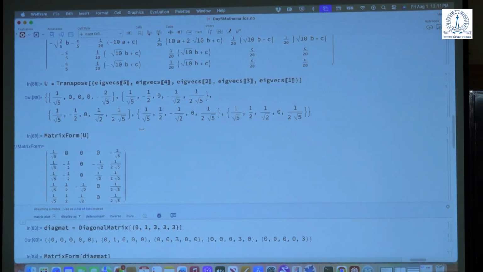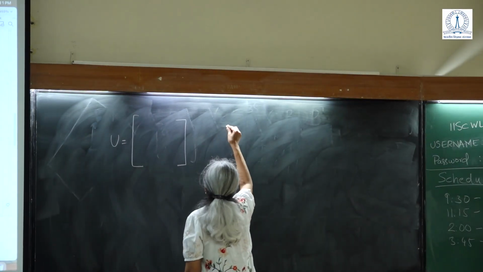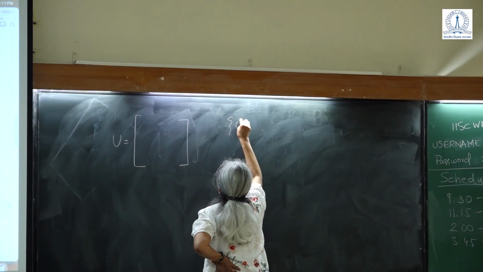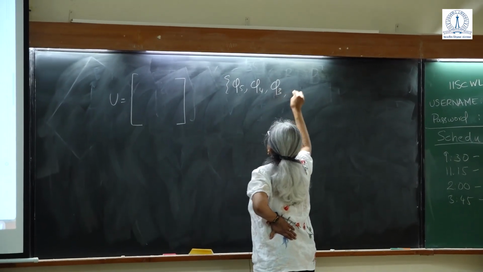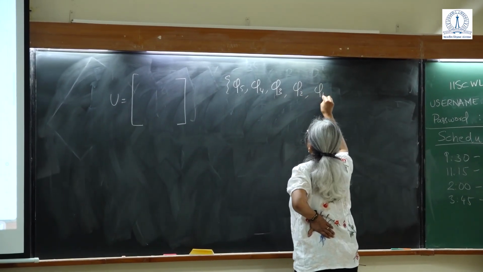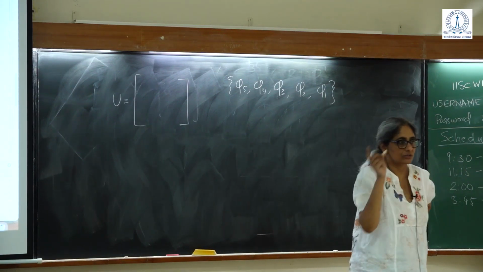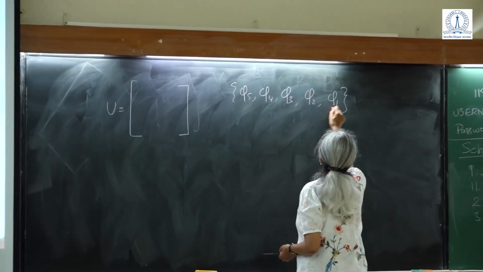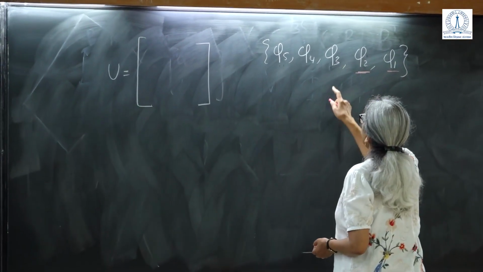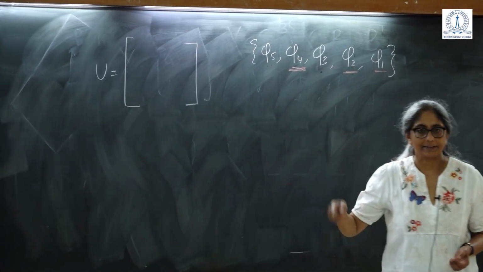In the beginning, we had this U matrix that consisted of what Mathematica output: phi5, phi4, phi3, phi2, phi1. This is how Mathematica gives you the eigenvectors, from biggest to smallest, okay? So the ones that we are freezing are this one and this one. And then instead of freezing this, we froze this in the second time, right?